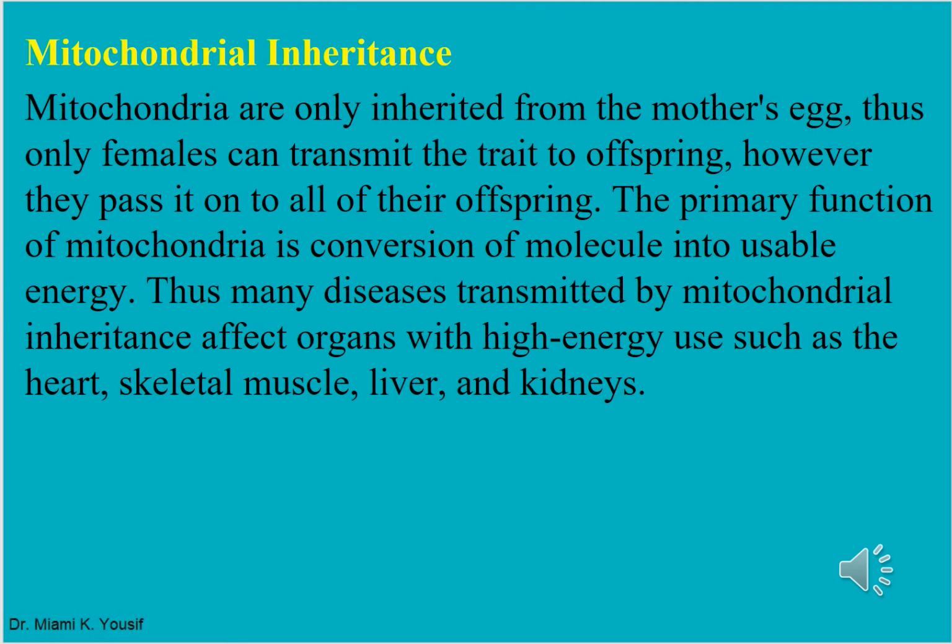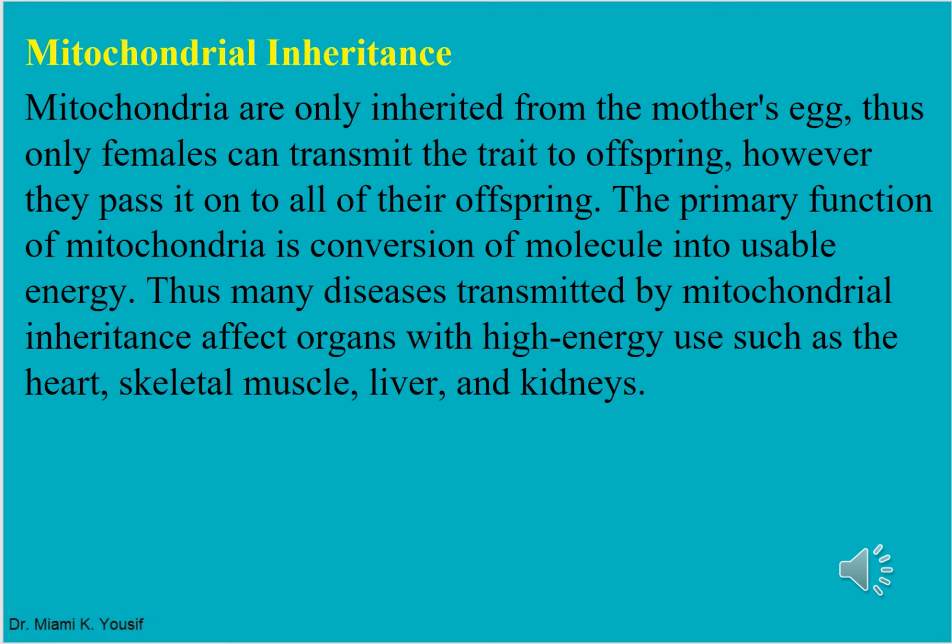This is the last type of inheritance, the mitochondrial inheritance. As you know, mitochondria are only inherited from the mother's egg because the sperm has no mitochondria. So only females can transmit the trait to offsprings. However, they pass it on to all of their offsprings, males and females.